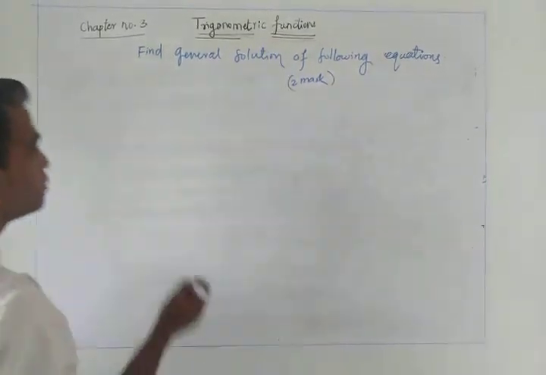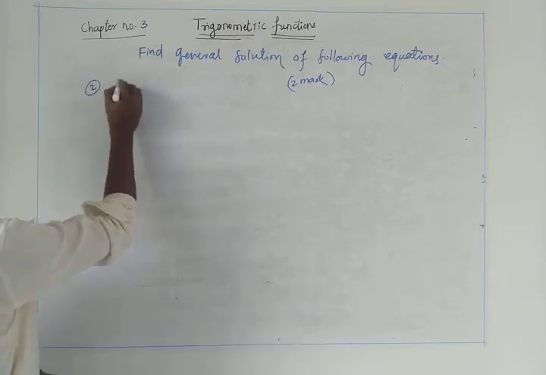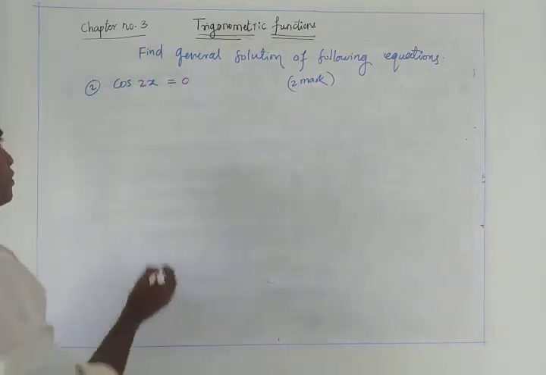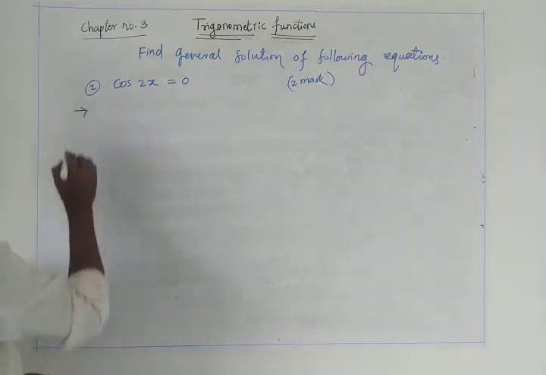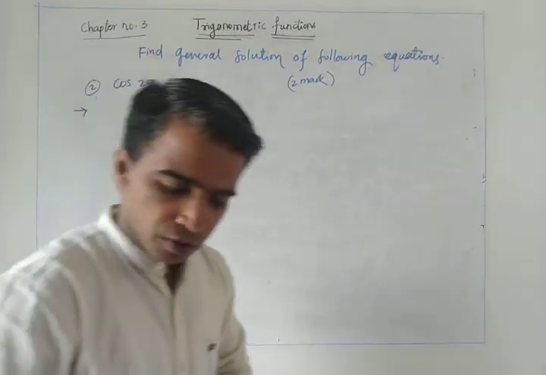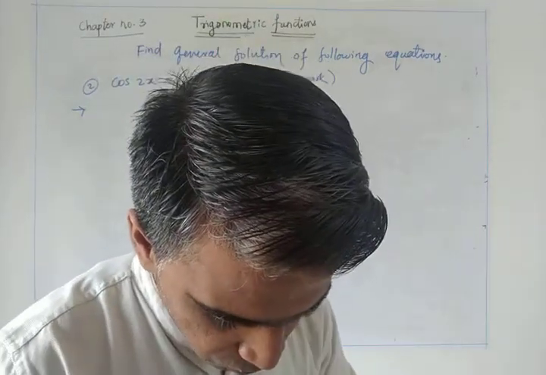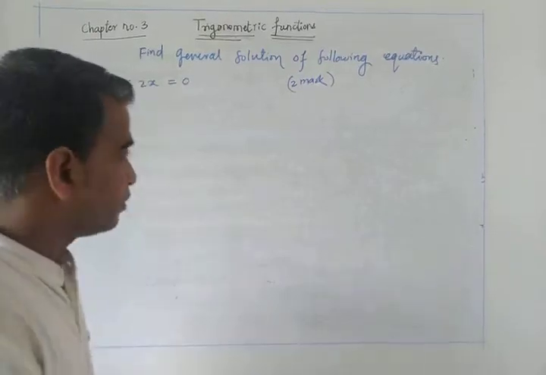cos 2x is equal to 0. First we have to understand what the formula is. Now cos 2x is equal to 0. Cos is the function on the left hand side, and the right hand side is equal to 0. So we have to use that formula.